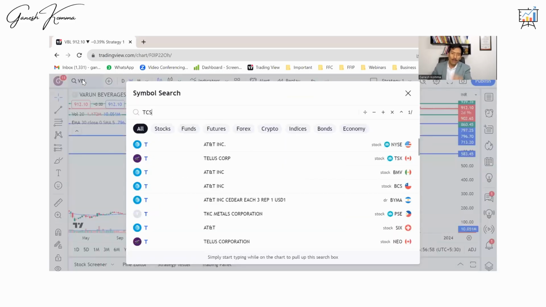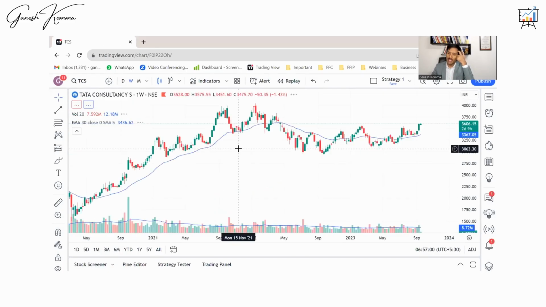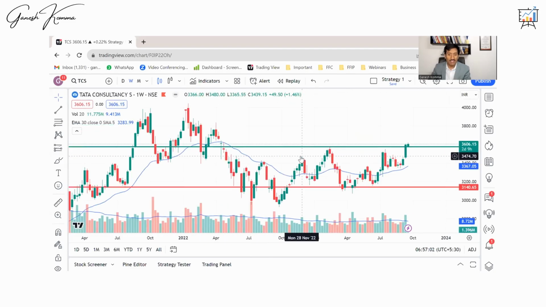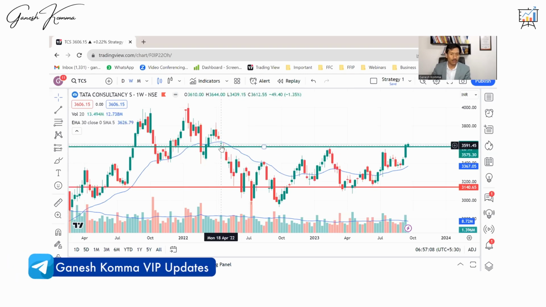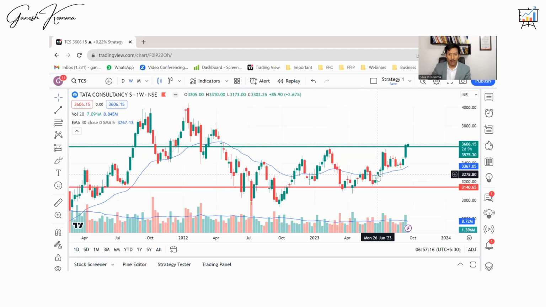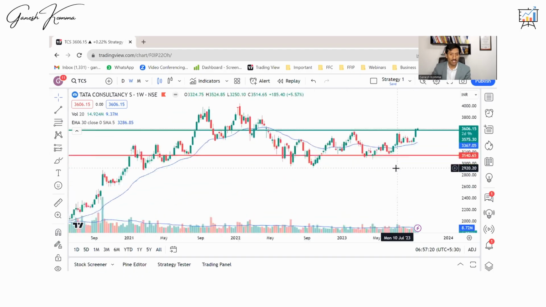Even if you see many of the software or IT related stocks, TCS, many people said, sir, it's a wonderful company, I want to be there. But we have discussed earlier also, when it is exhibiting weakness, if it is below EMA 30, even in April 22, we do not be here. And right now, from almost around June, July, it is showing strength.